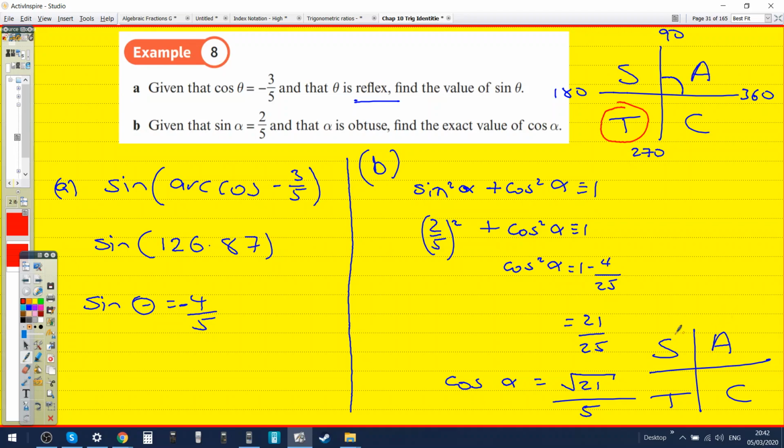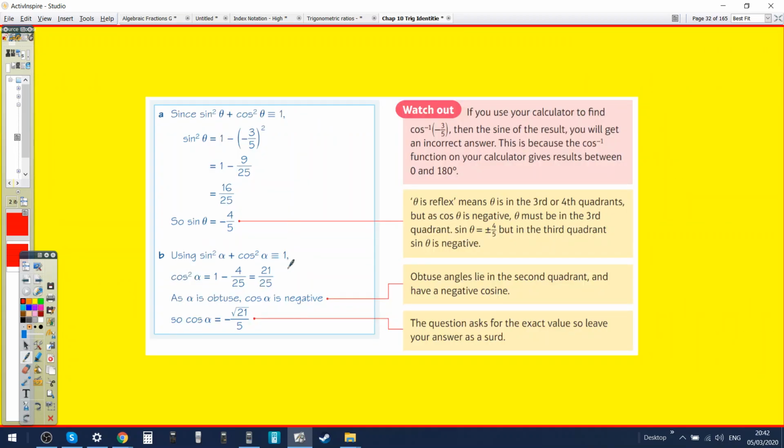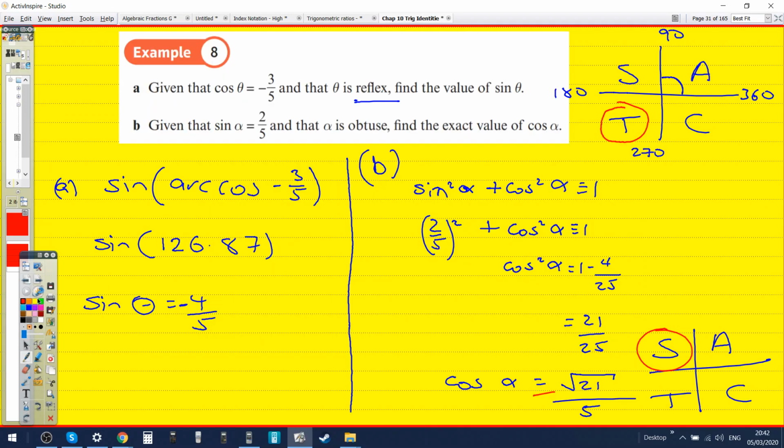What quadrant would it be in? It's between 90 and 180, so the S quadrant. And it's a cos, so it'll be minus. Yes. And so it's minus 4 over 5, minus root 21 over 5.